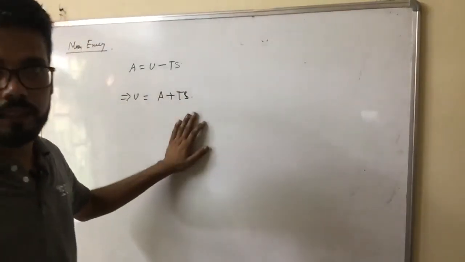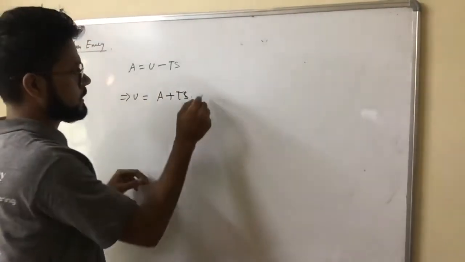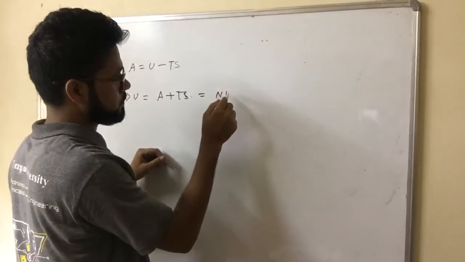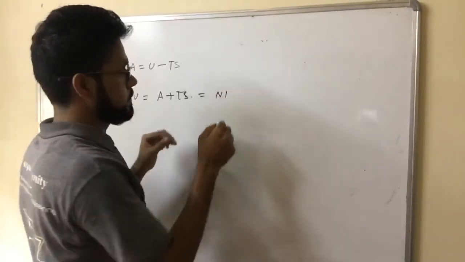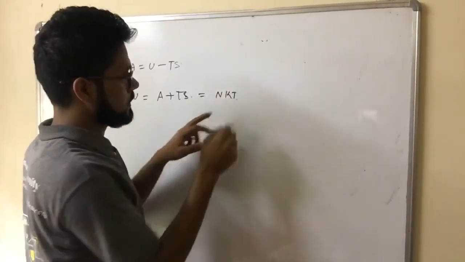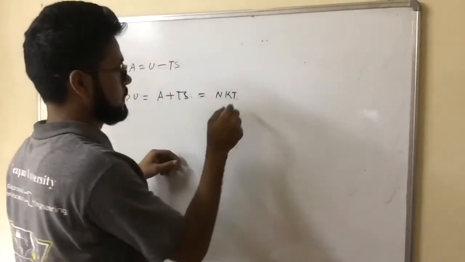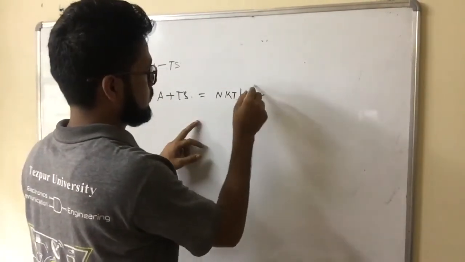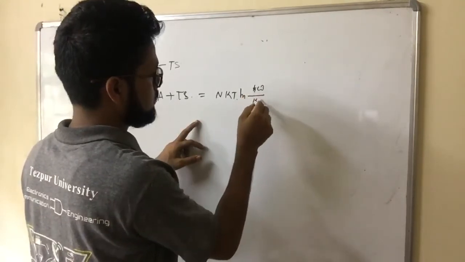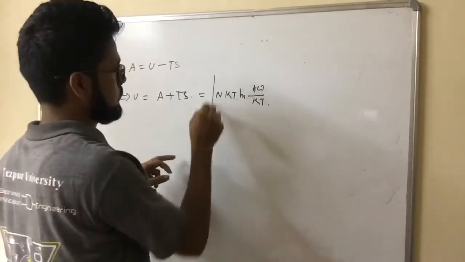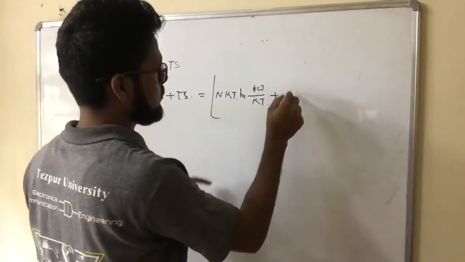Free energy I have already derived. So free energy is equal to NKT ln h cos omega by KT, right? This is free energy, plus temperature into entropy.